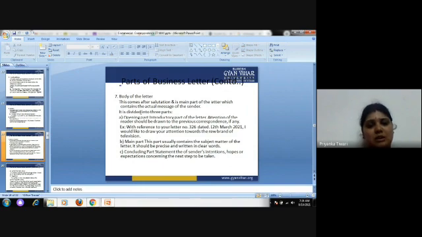The middle part usually contains the subject matter of the letter. It should be precise and written in clear words. Concluding part: statement of the writer's intention, hopes, or expectations concerning the next step to be taken.